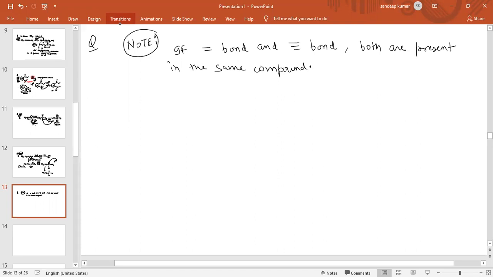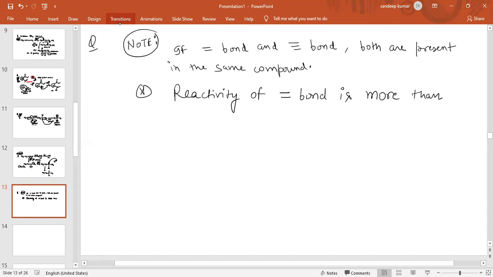Then basically the reactivity of alkene is more. So in this case, the reactivity of the double bond is more than the reactivity of the triple bond.